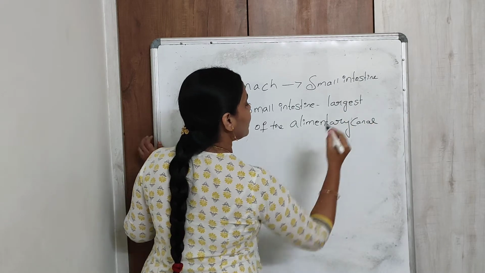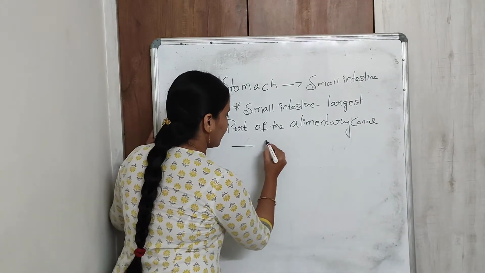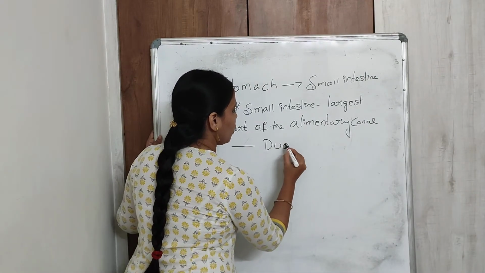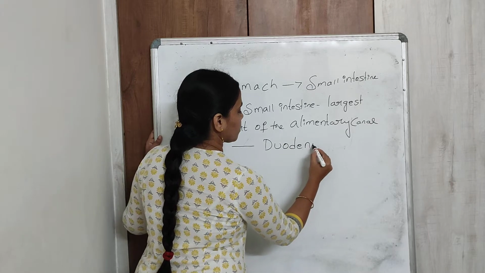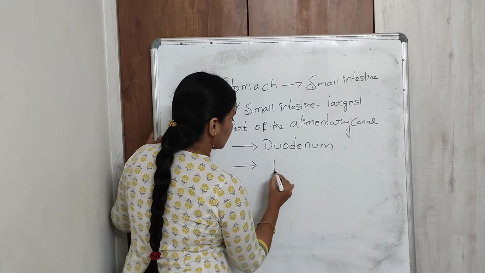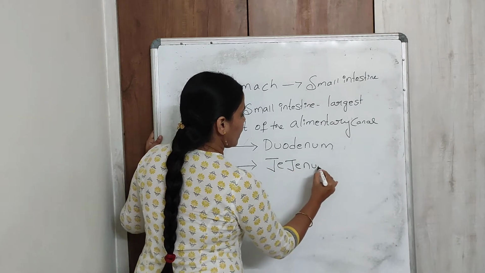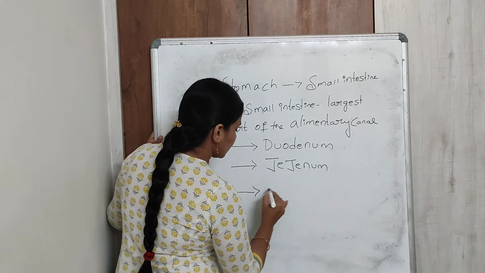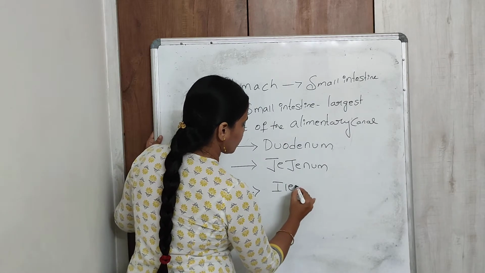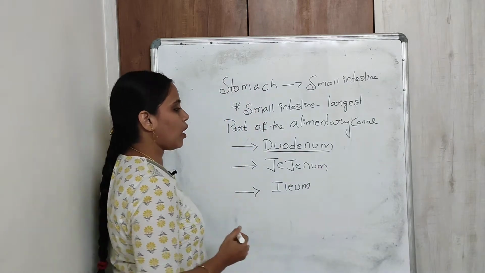The small intestine is divided into three parts. The first part is the duodenum, the second part is the jejunum, and the last part is the ileum. The duodenum is the first part of the small intestine.